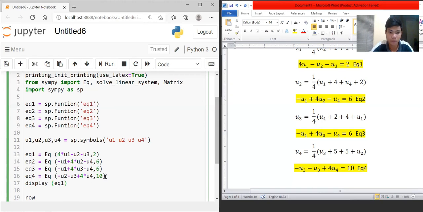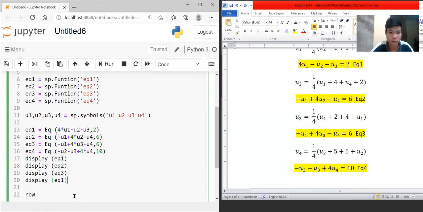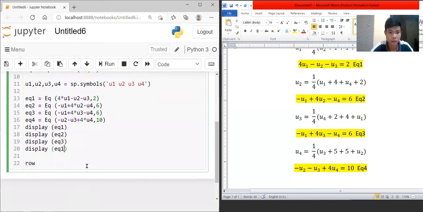Equation 1. Yan. Para makita natin siya sa result. 2. 3. And equation 4. Yan.